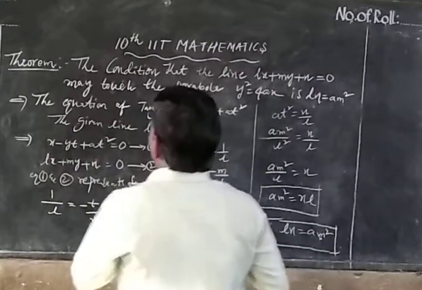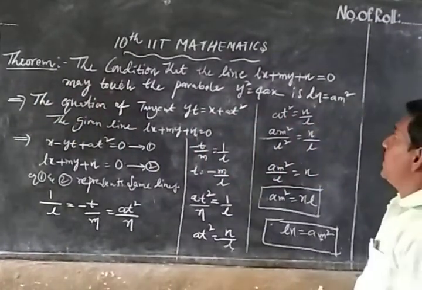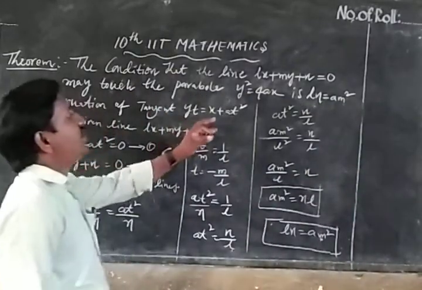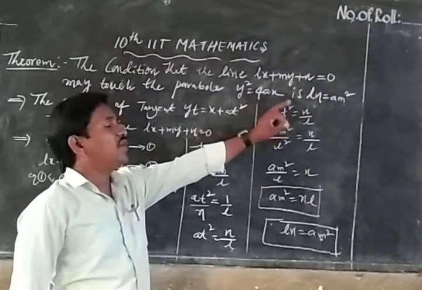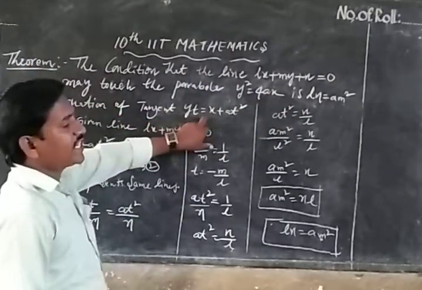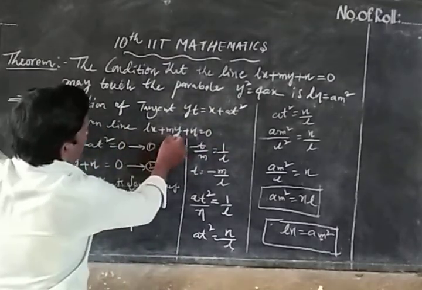Look at the theorem. The condition that the line lx plus my plus n equal to 0 touches the parabola y square equal to 4ax is ln equal to am square. So take the equation of the tangent yt equal to x plus at square. We know the given line lx plus my plus n equal to 0.